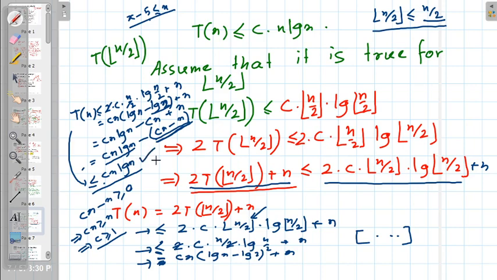Then we can say that this Tn, the merge sort recurrence, ultimately will be order of n log n, right? So this is the case.